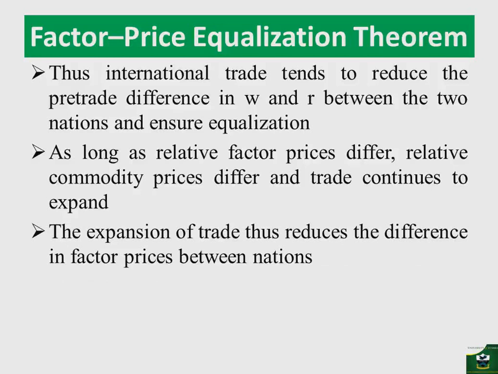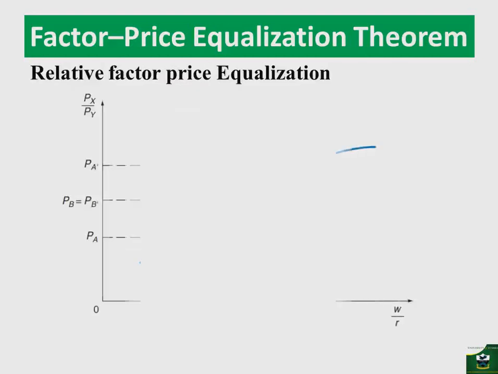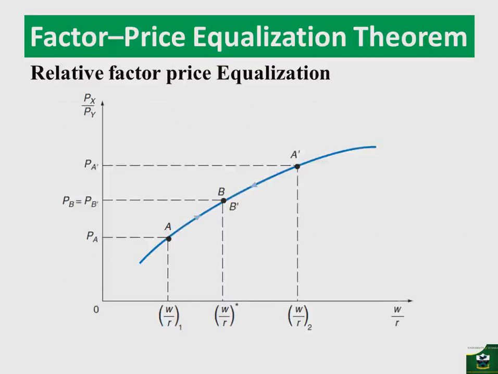Now, let's look at the relative factor price equalization. Let's consider this graph here, where nation 1 is at point A in autarky, while nation 2 is at A prime in autarky.